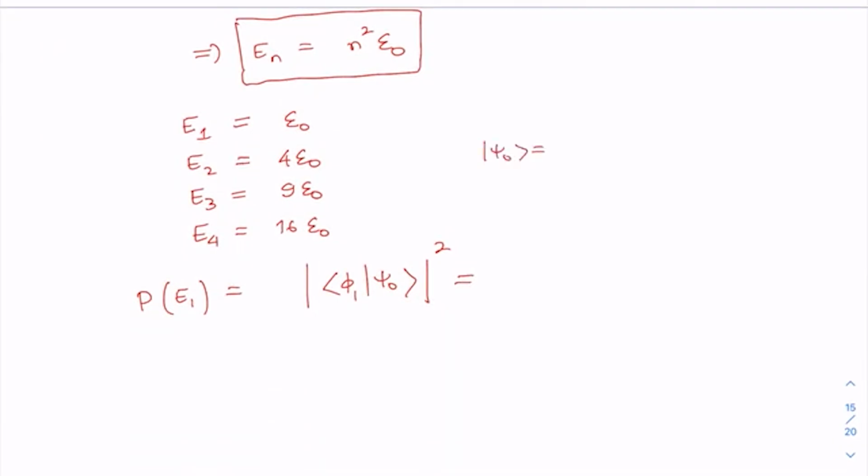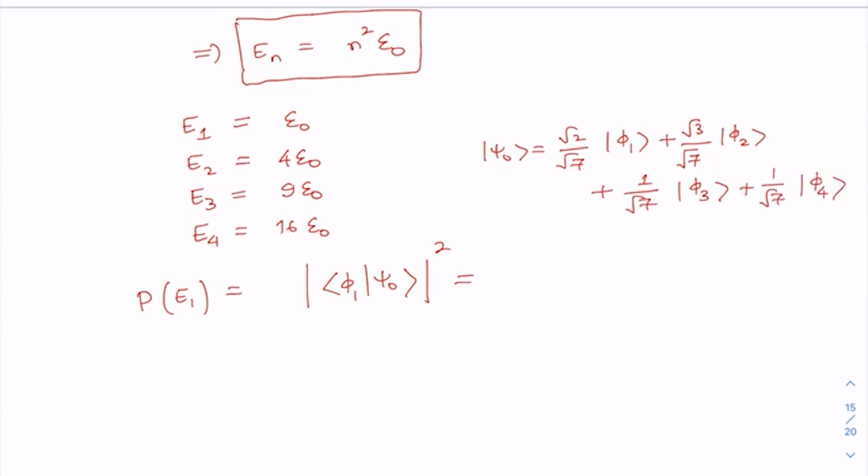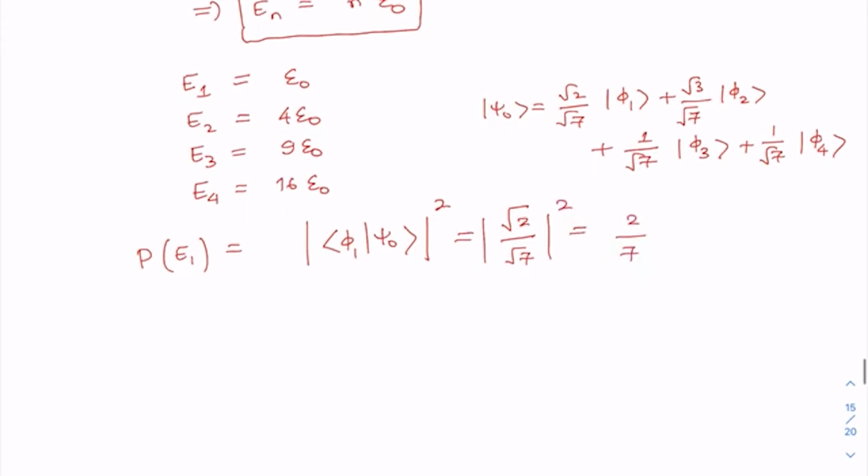Psi 0 is root 2 by root 7 phi 1, plus root 3 by root 7 phi 2, plus 1 by root 7 phi 3, and 1 by root 7 phi 4. So you see immediately that this would be root 2 by root 7 mod square, and therefore simply 2 by 7.